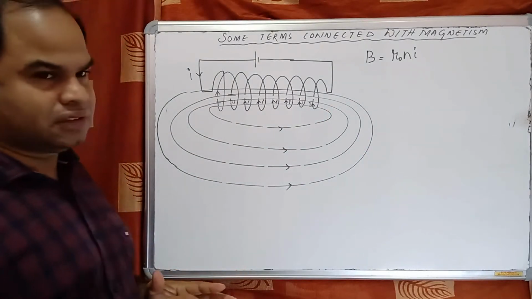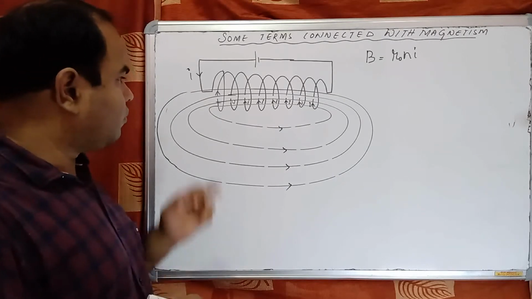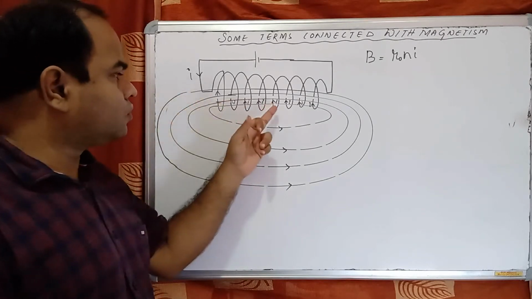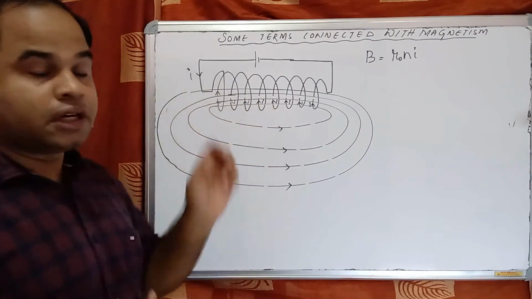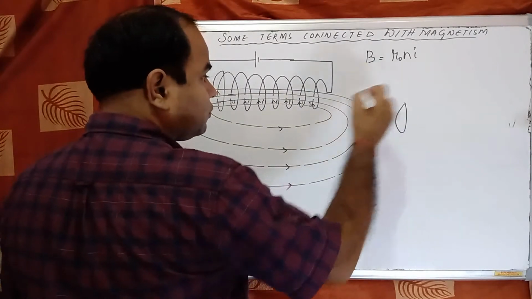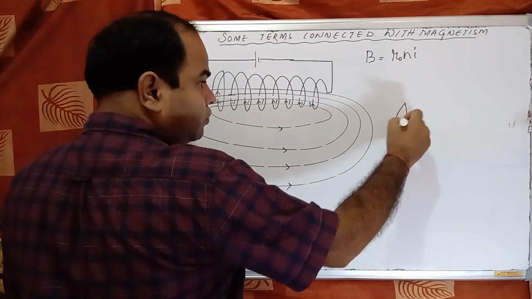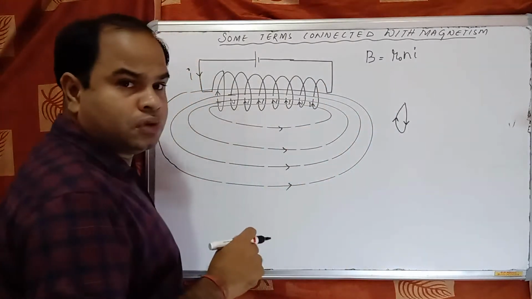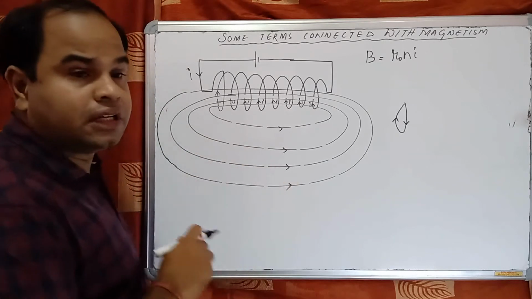So let us again start from the beginning. When current is allowed to pass through the solenoid, the current flows in the loops of the solenoid. When current flows through each loop, it produces magnetic field lines.